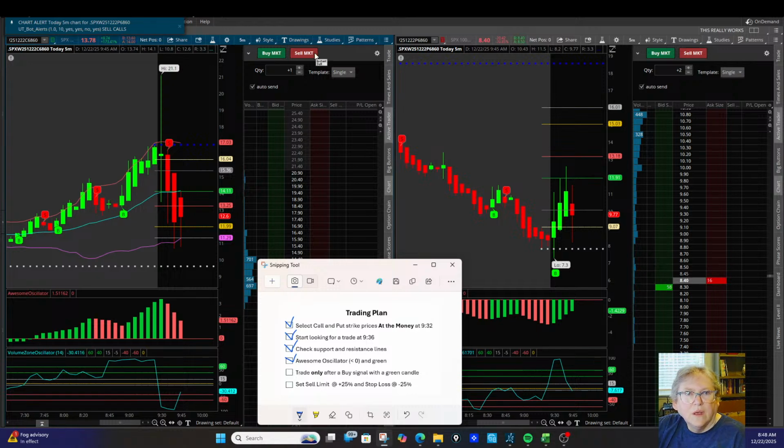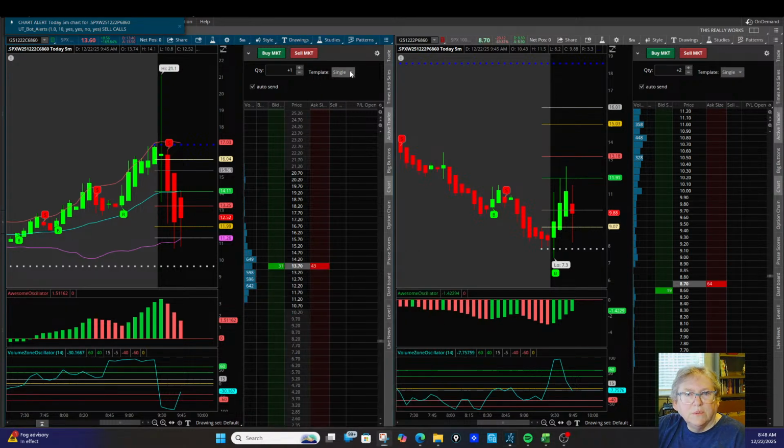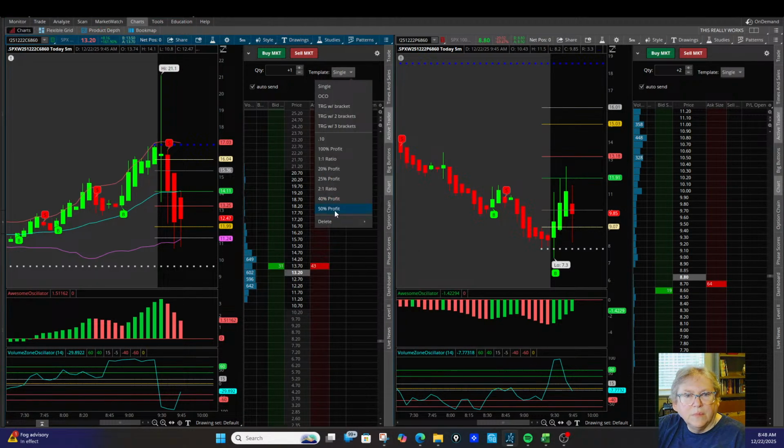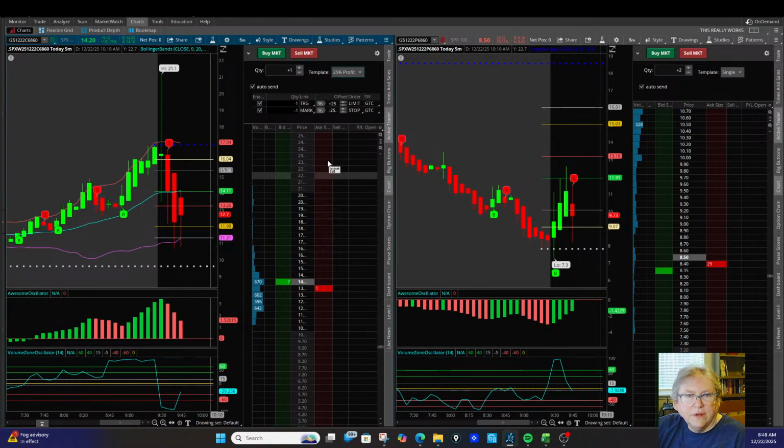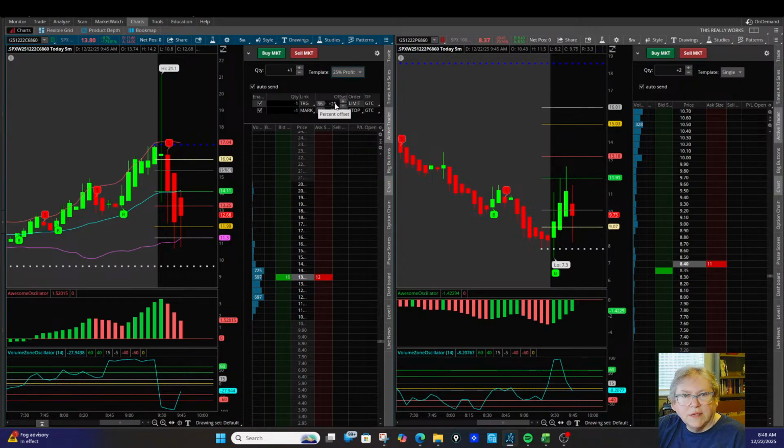I'm going to show my template here for buying. I made up one called 25% profit, which sells when it hits above 25%. And I have a stop that is 25% also.